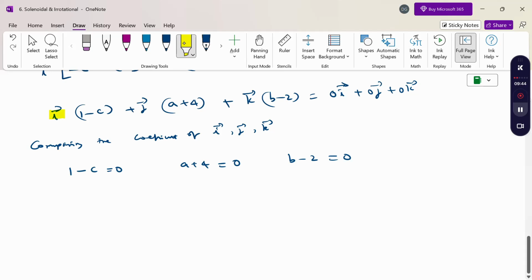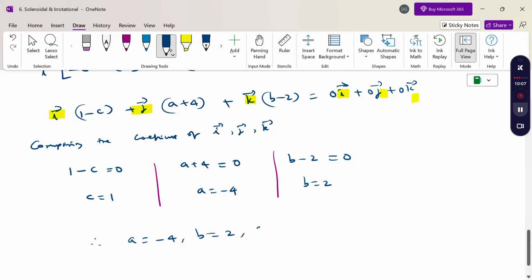This is the comparison of i coefficient, then j coefficient, then k coefficient. Therefore c equal to 1, a equal to minus 4, and b equal to 2. Therefore, a value minus 4, b value 2, c value 1 when f is irrotational.